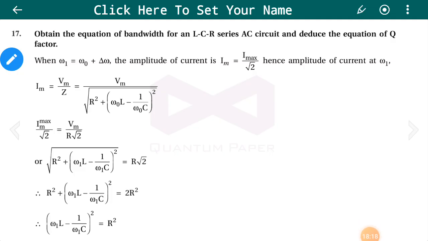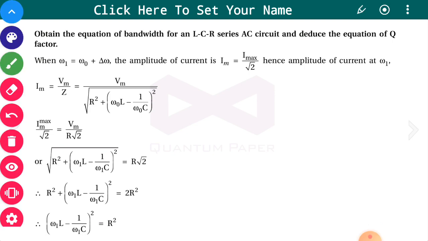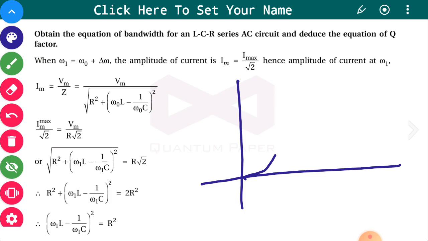Now there is an equation of bandwidth. First of all, the graph which we have already seen, that of the resonance curve. This is your resonant frequency omega 0.